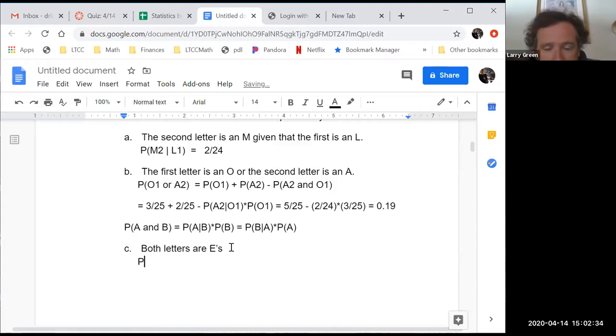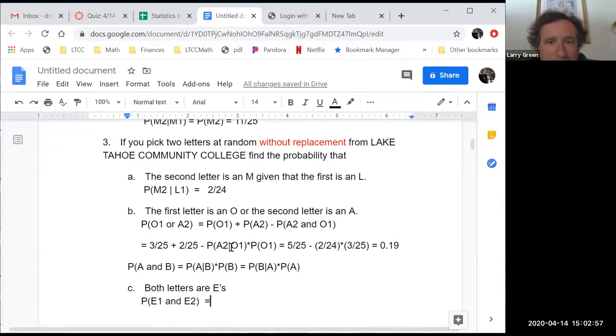So that's the probability of E1 and E2. And the hint I have for you is that it's very similar to part B. It's actually much easier than part B. We might want to scroll so you can read Lake Tahoe Community College because you need to see that. Let's see if we can find that probability.